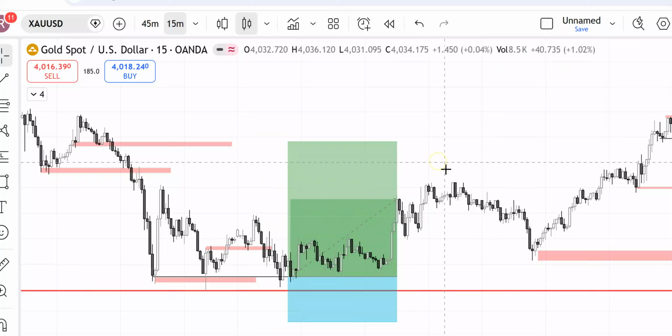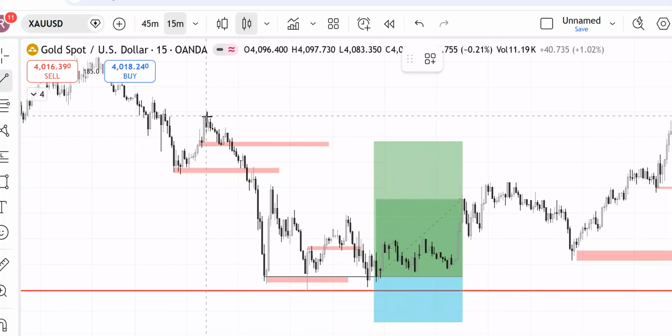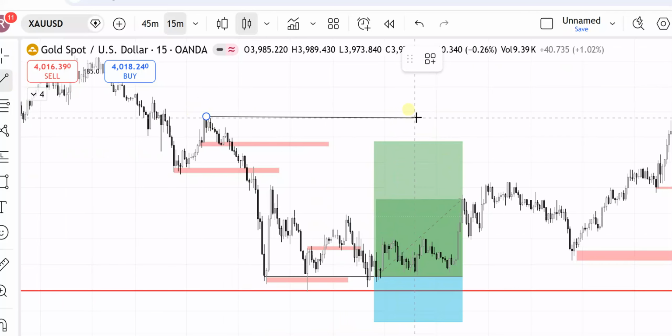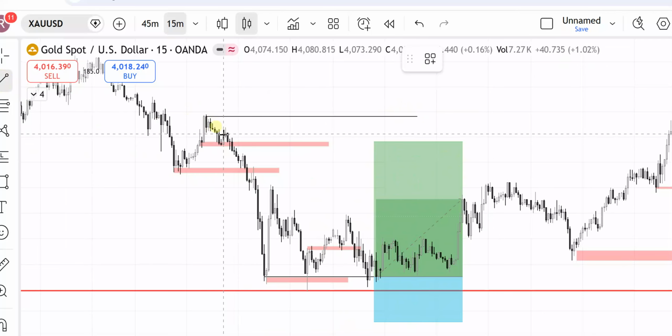I mark out where my key level is at present. Now my first key level is at this point, and that is my next key level.